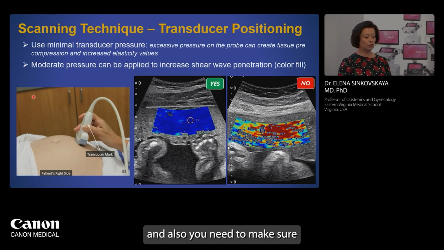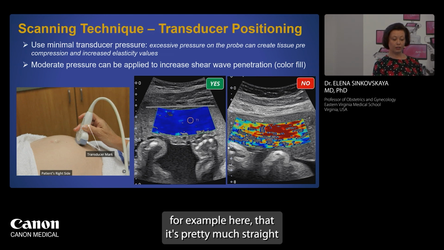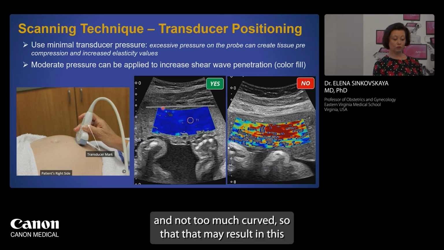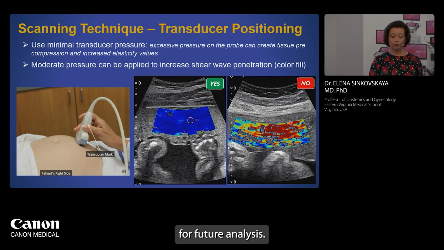You also need to make sure that the appearance of the box, for example here, is pretty much straight and not too curved, as that may result in an artifact on the picture that would not be interpretable for future analysis.